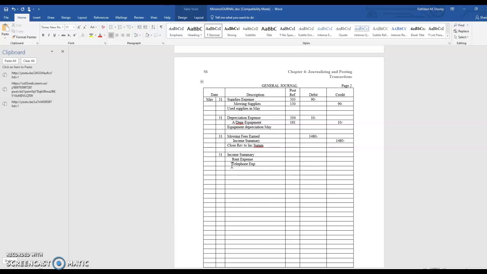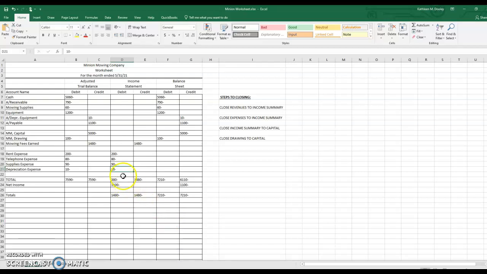Telephone expense, supplies expense, depreciation expense. Okay, so we have all our expenses listed, and we need to put their amount, so 280, 90, and 10 all need to be credited.